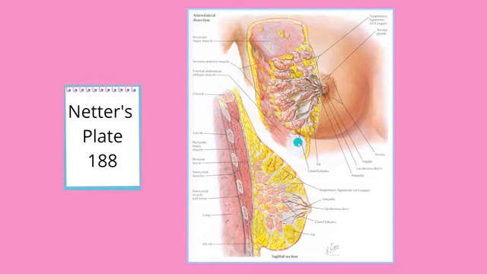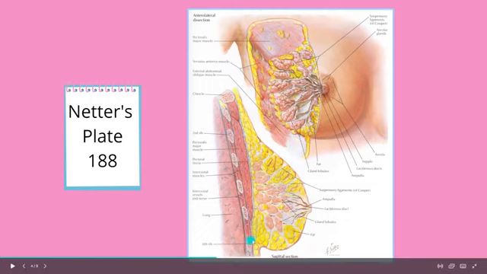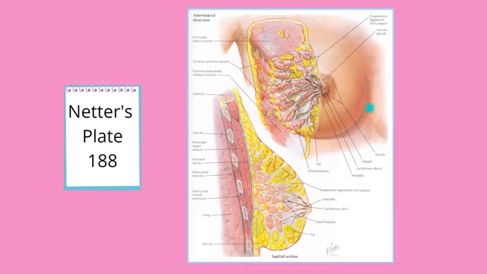So, in summary, when we're looking at the structure of the breast, it goes vertically from the second to the sixth rib, and horizontally from the lateral aspect of the sternum to the mid-axillary line. You're going to have 15 to 20 of these glandular lobules, which will only be fully developed during pregnancy or when breastfeeding.